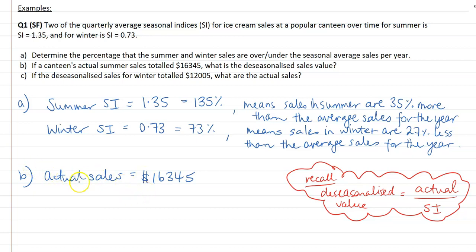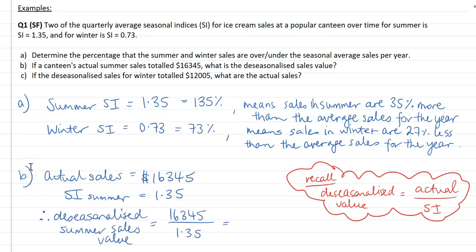For part B, we want to deseasonalize the summer sales. So the summer sales total 16,345. Our seasonal index for summer is 1.35. So if you remember from earlier, the deseasonalized value is the actual value divided by the seasonal index for that particular period.